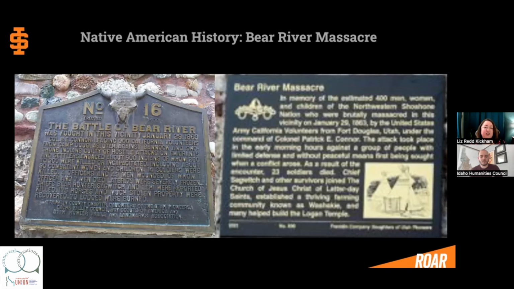There's also a connection here for Bear River to the settlement of the Utah and Idaho territories by members of the Church of Jesus Christ of Latter-day Saints. So as settlement was occurring, and Native peoples were being displaced and moved onto reservations, the Native peoples were not able to maintain their traditional subsistence patterns.